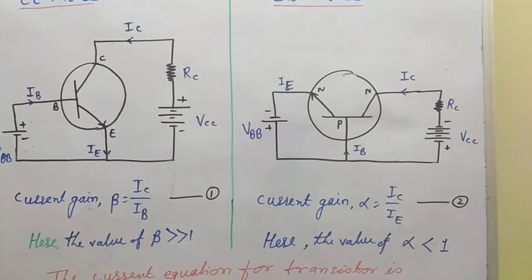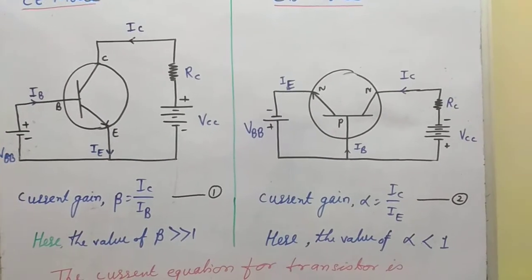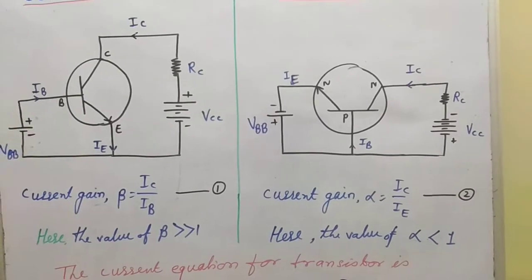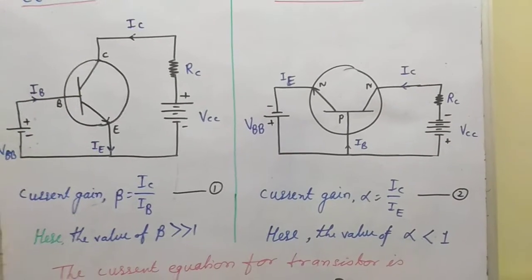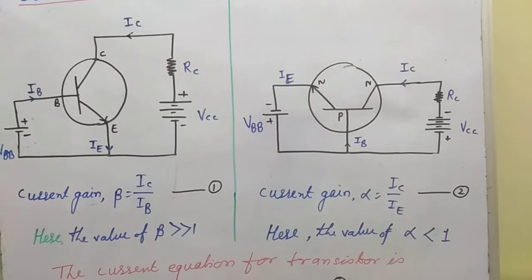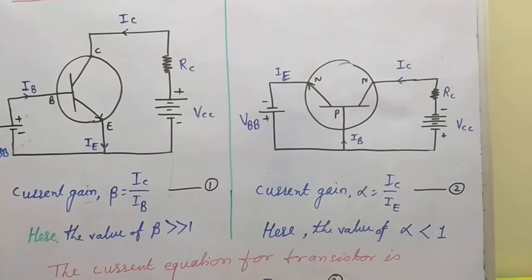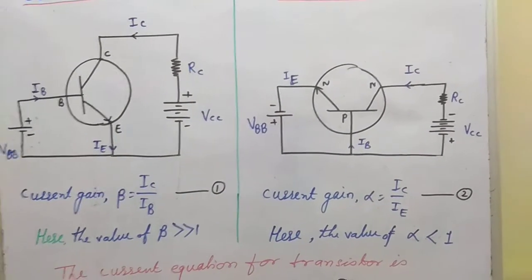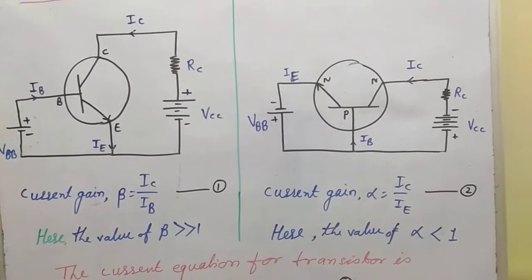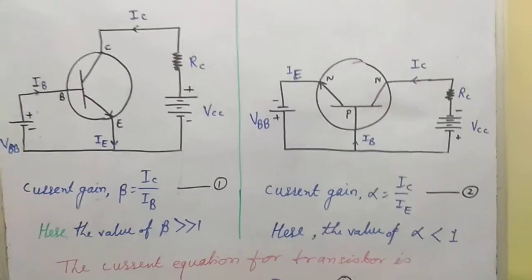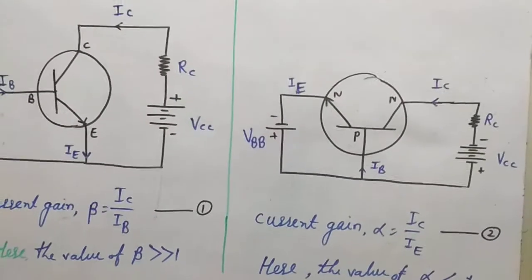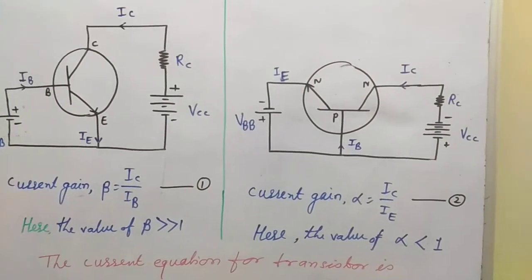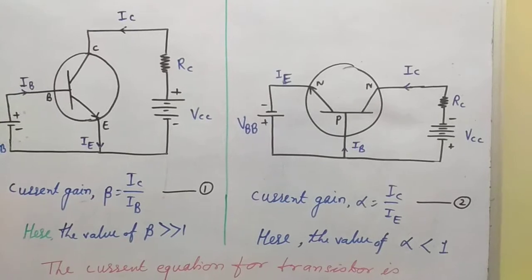As we know, in common emitter mode of a transistor, due to a very small change in base current, there is a large change in collector current. Therefore, the value of beta for common emitter mode is very large as compared to 1, and beta is represented by IC upon IB, which is represented by equation number 1.